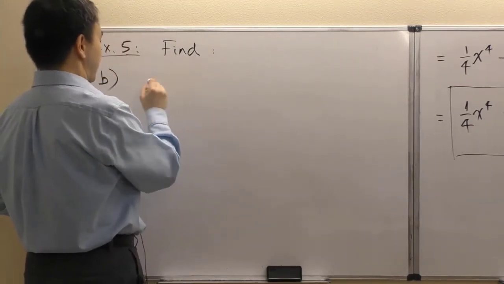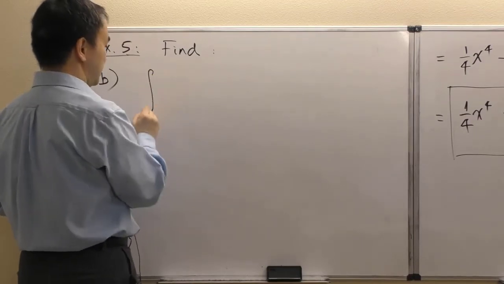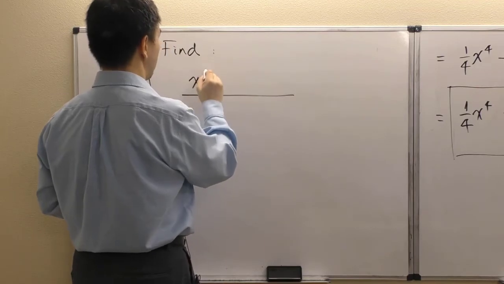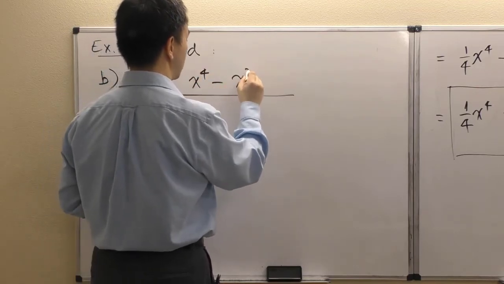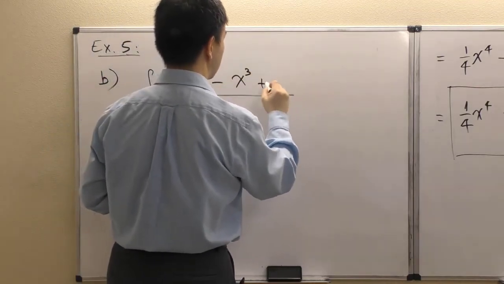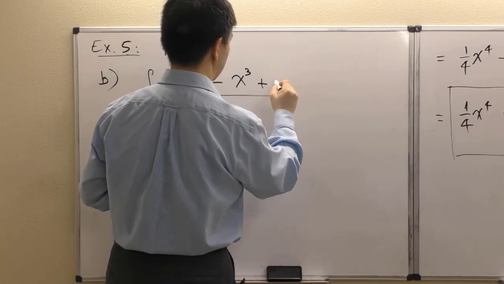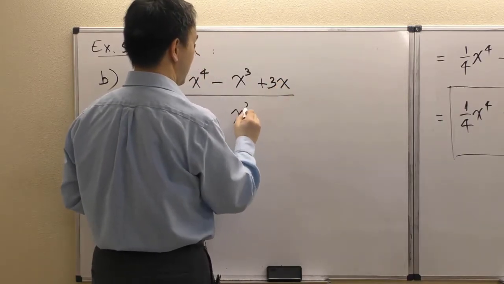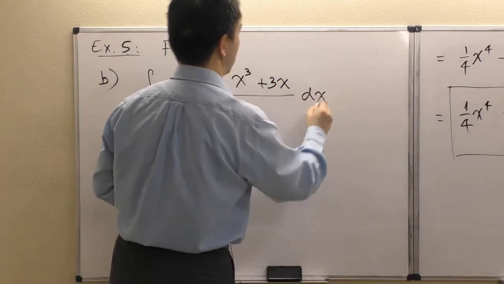How about we want to find an antiderivative for x to the 4th minus x cubed plus 3x, and then we are dividing by x squared, for example, dx.